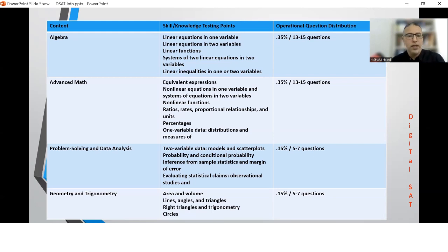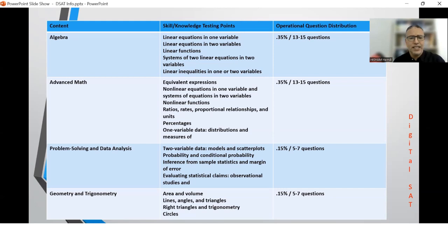In advanced math, mainly the function, nonlinear function, quadratic functions, how to represent the function, function notation, rates, ratio, I don't want to forget anything, nonlinear equations, and 1 variable of data.